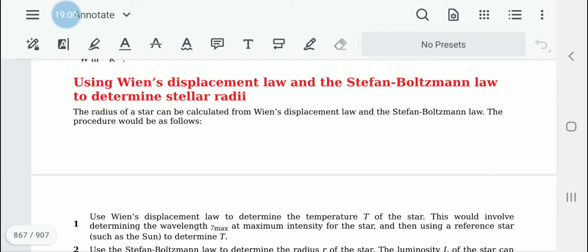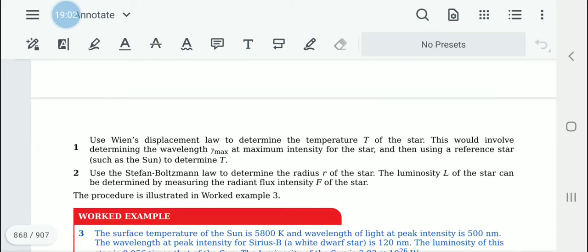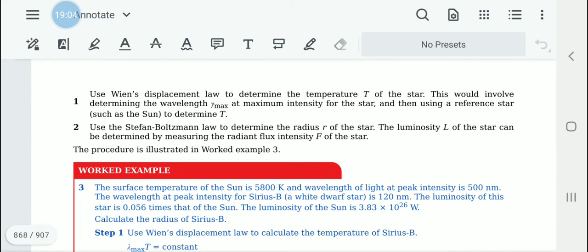So what we got to do is we use Wien's displacement law to determine the temperature T of the star. So that means we have to find out the wavelength lambda max at maximum intensity for the star. Then we determine capital T. Then we use Stefan Boltzmann law to determine the radius r of the star.